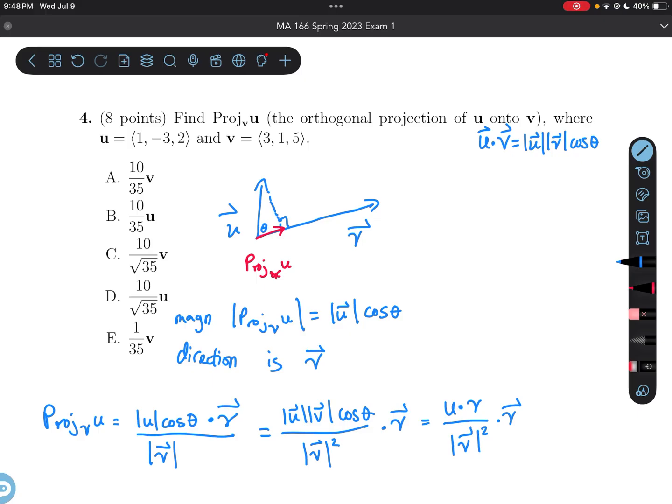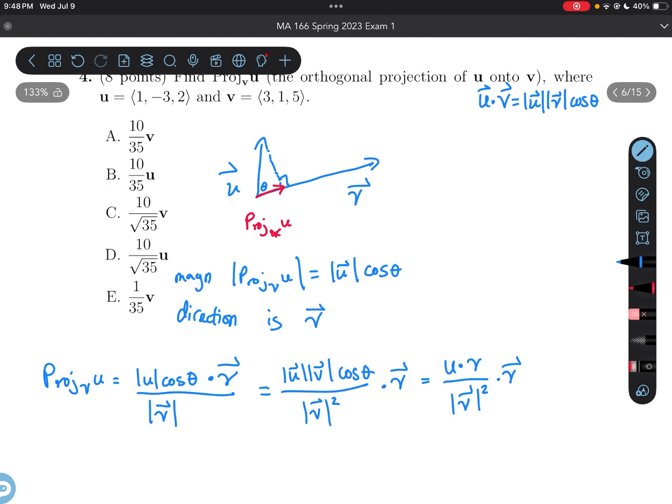And this is the formula for the projection vector, which you should have memorized, but if you don't, you can also do a quick derivation like I just did. Okay, so now we have everything we need to find the answer.